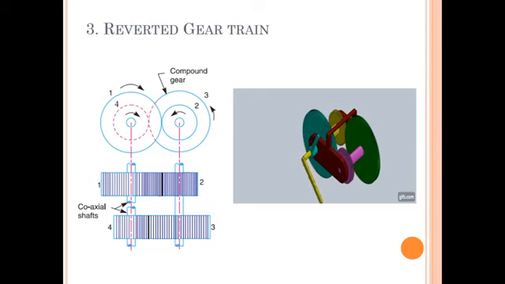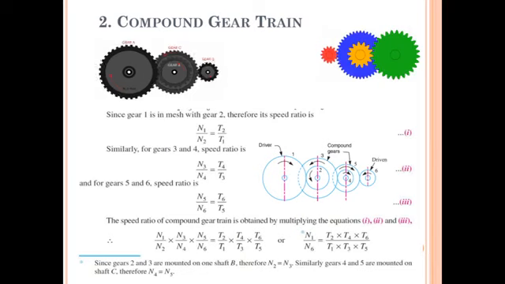I forgot to tell you the applications of the compound gear train. This compound gear train you can use where you have to bridge the gap between input and output shaft, as well as reduce or increase the velocity ratio drastically.